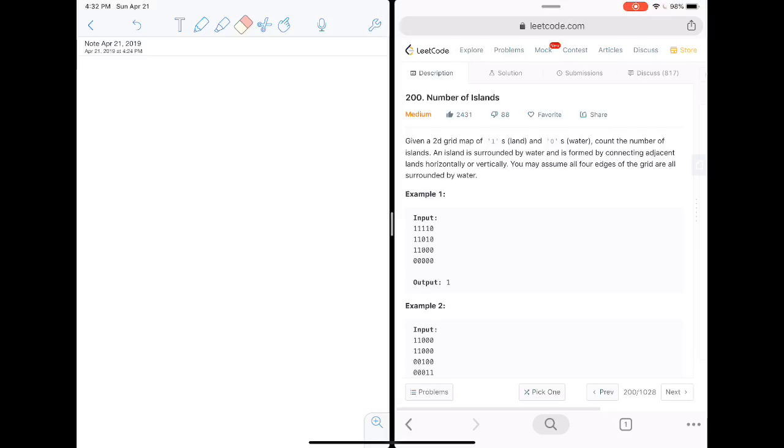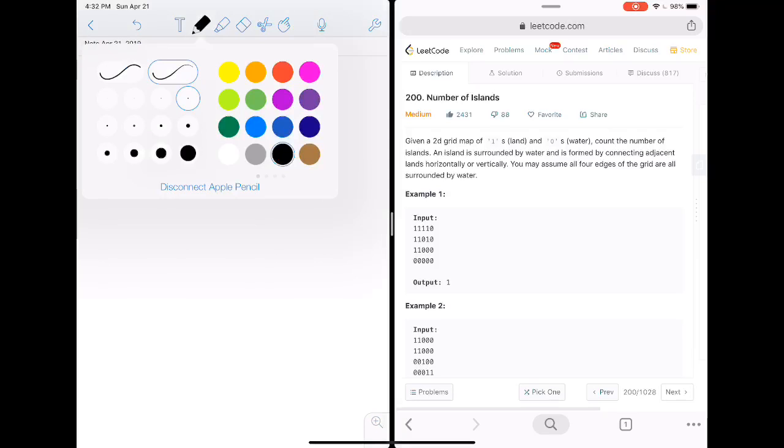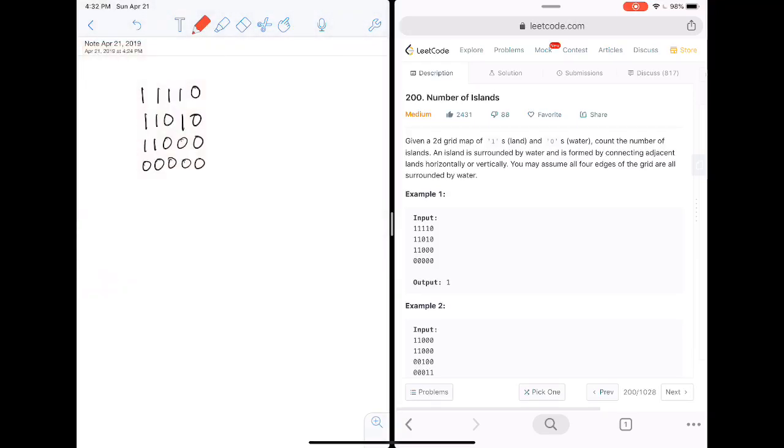I think the idea here is, so let's draw one of the examples that they have here. And then they have 1 1 0 1 0, and then 1 1 0 0 0 0 0 0 0 0, right? And then let's pick another color ink so I can kind of show. So the number of islands here is 1, because we're saying land can be adjacent either horizontally or vertically.